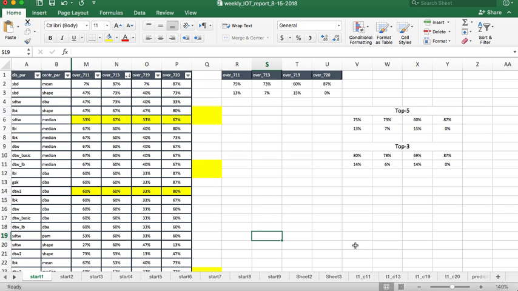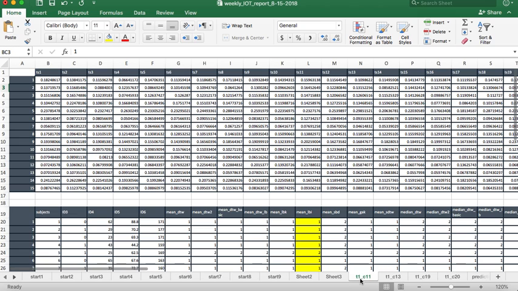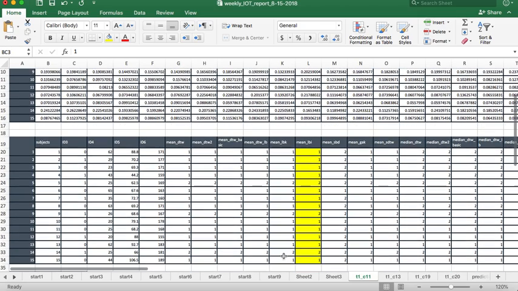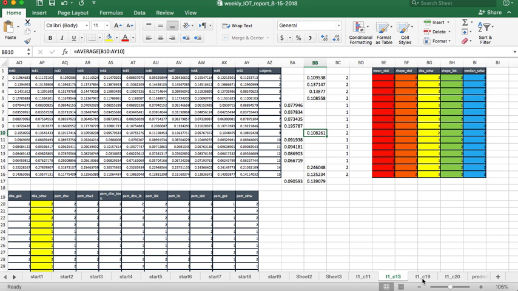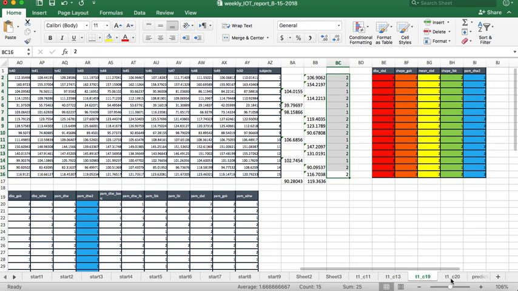If you look at some tabs, tab T1C11 means T1 is starting from time 1, and C11 is clustering of IOT 11, and you see T1 13, T1 19, and T1 20.